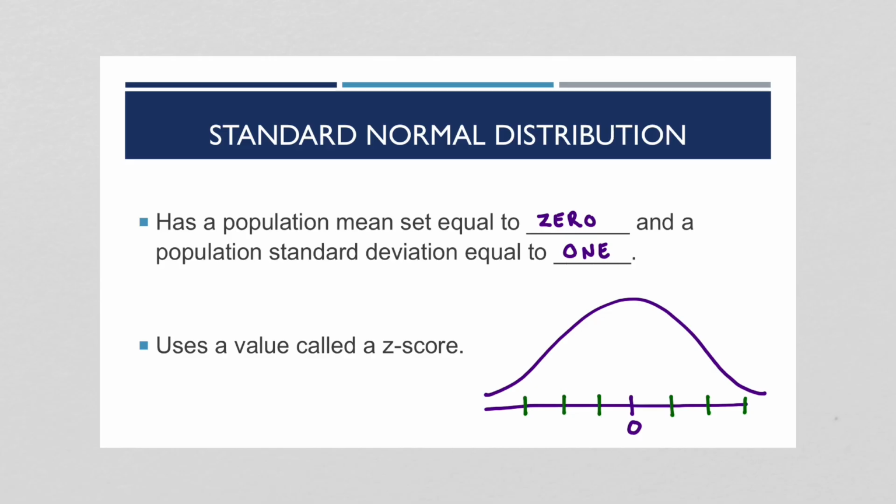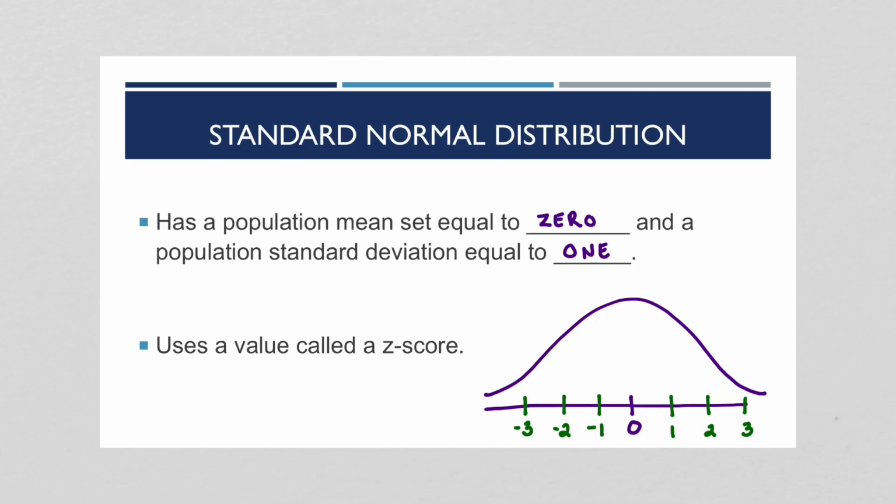So we use the standard deviation of 1 to indicate what the values underneath these green tick marks should be. So essentially, I'm just going to add 1 consecutively on the right side, and I'm going to subtract 1 consecutively on the left. So this is what a standard normal distribution looks like.